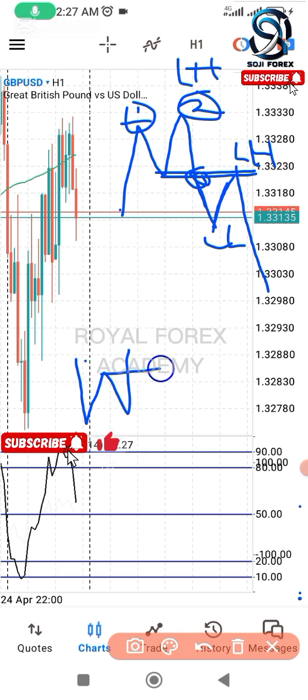So if you are an aggressive trader, immediately price breaks the neckline, you place in your buy. But if you are conservative, you need to wait for price to come, retest this, then you buy all the way to that point. So that is one way you can make your buy and sell entry.